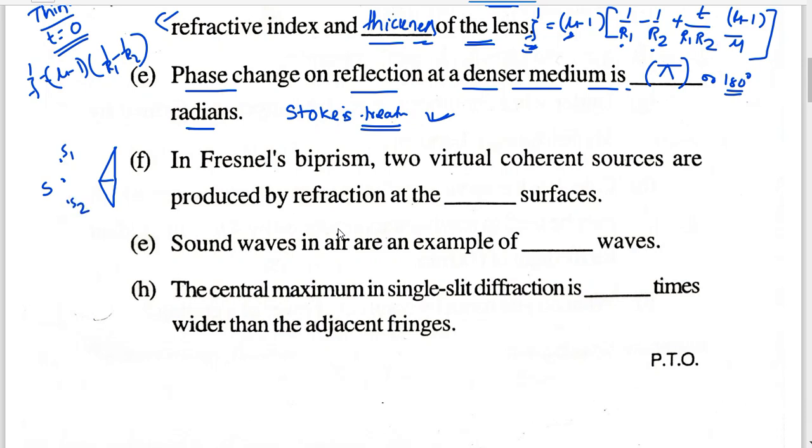The virtual coherent sources are produced by refraction at the prism refracting surfaces, because these virtual images are formed in the prism and the real image is focused on the screen. So basically Fresnel biprism is a method used to obtain the coherent sources.